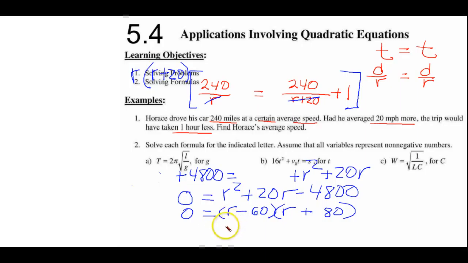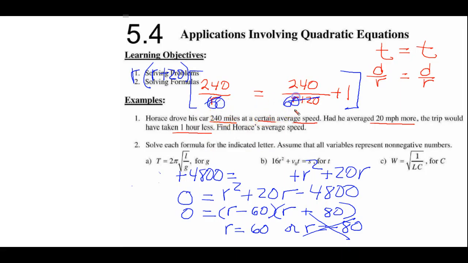So solving this for finding the zeros, I get r equals 60, or r equals a negative 80. Well, you can't have a rate of negative 80, so this is an extraneous root, and my r turns out to be 60.